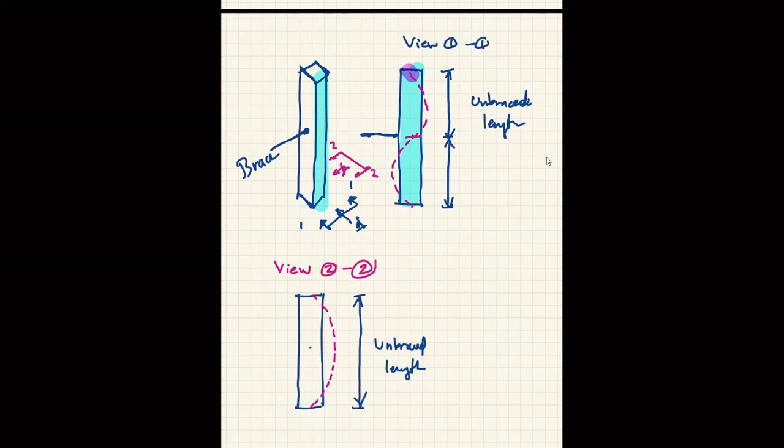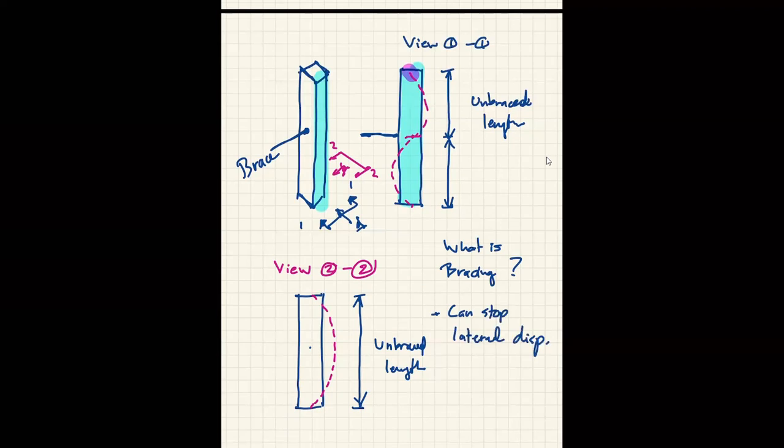So now, for a doubly symmetric section, we must consider both axes. Now, what is bracing? Bracing is something that can stop the lateral displacement of your compression member.